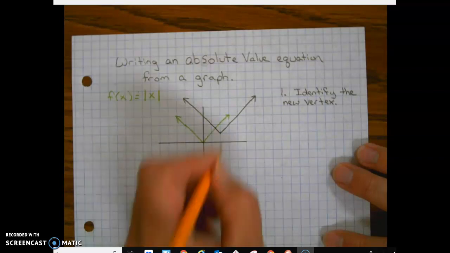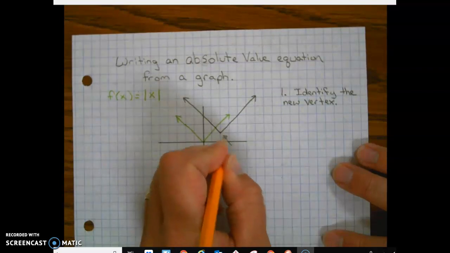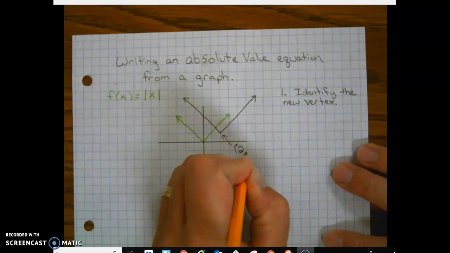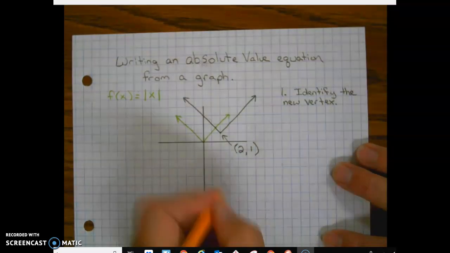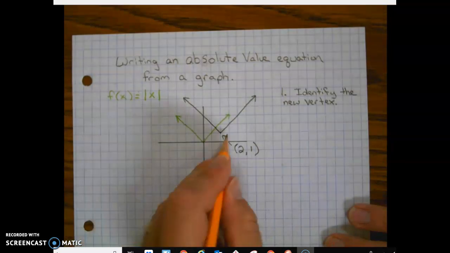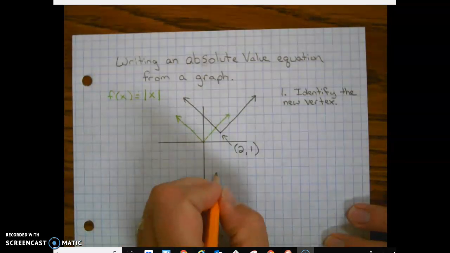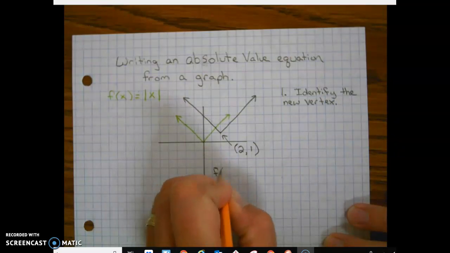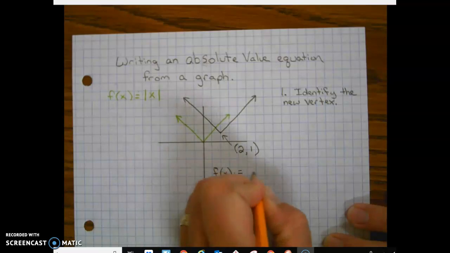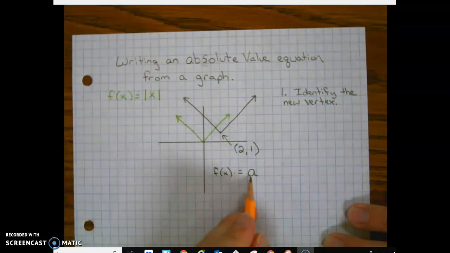So in this case, 2, 1. Now from the last video, recall the transformed function that we talked about. We're going to go ahead and use f of x equals a, recall, is your vertical stretch or compression.